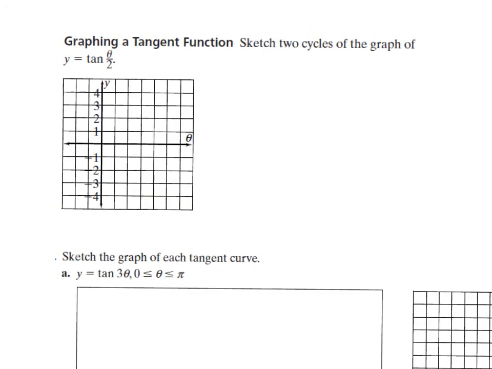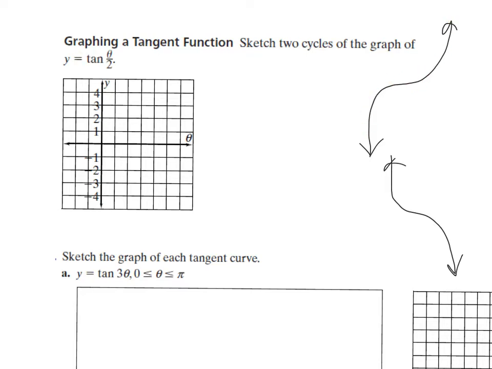So when I'm graphing a tangent function, the first thing I want to do is find the asymptotes. A tangent function is going to take this shape. Okay, this would be a positive tangent function, and this one would be a negative tangent. So right here we have a positive function, so it's going to look something like this.